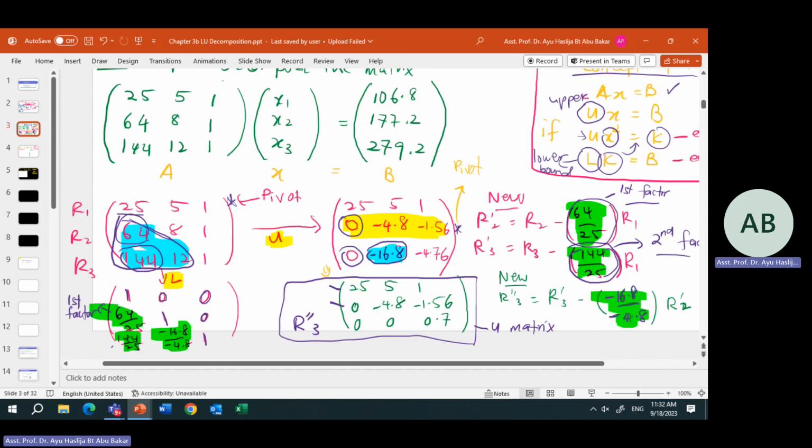Now this part is your second factor. The last one over here is your third factor.